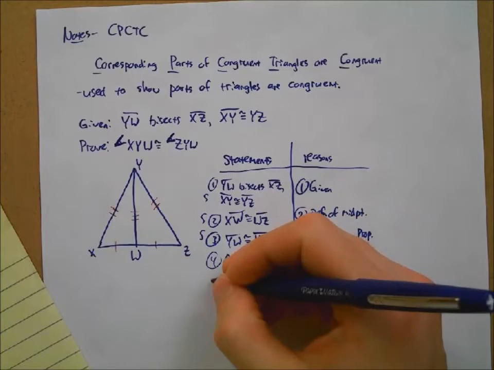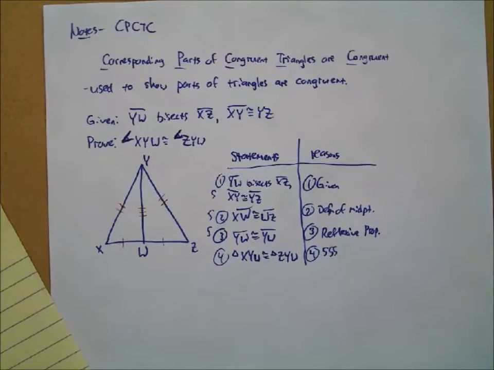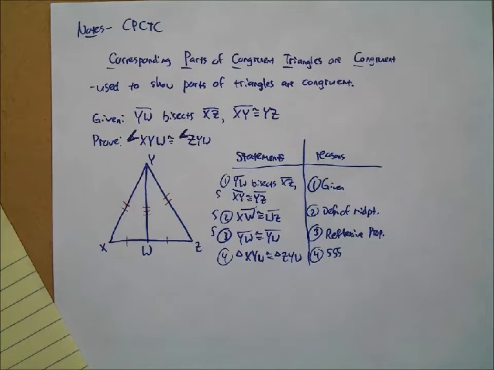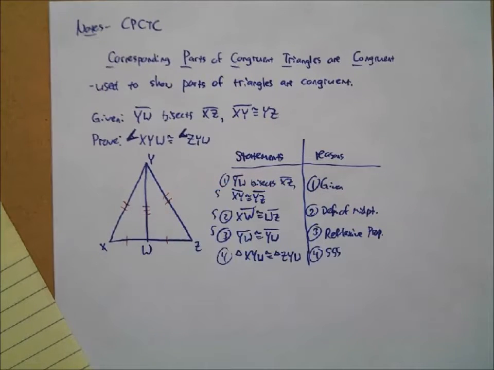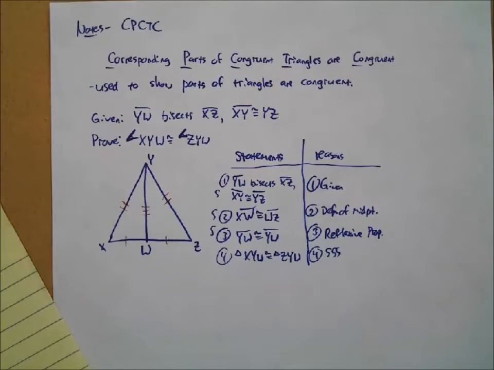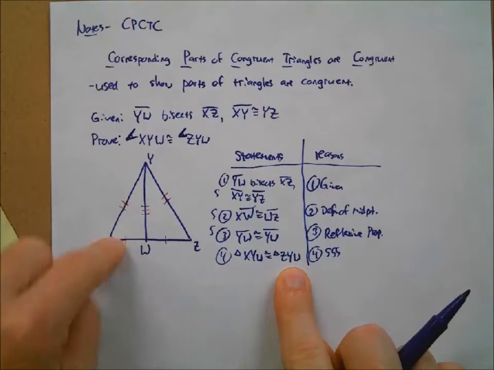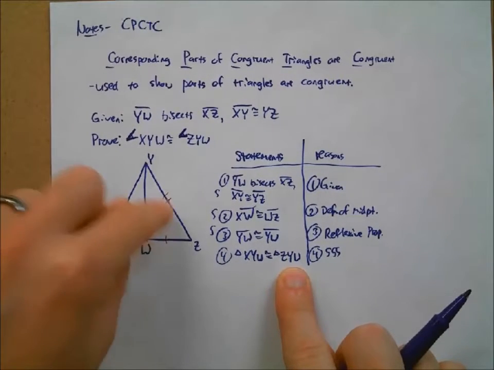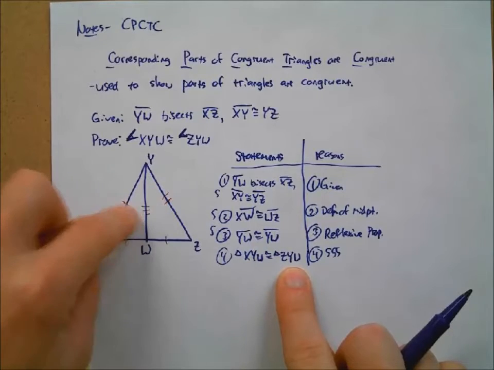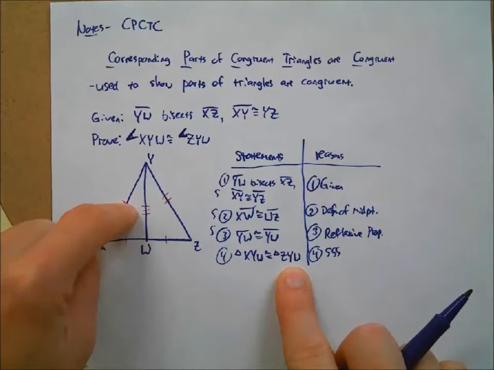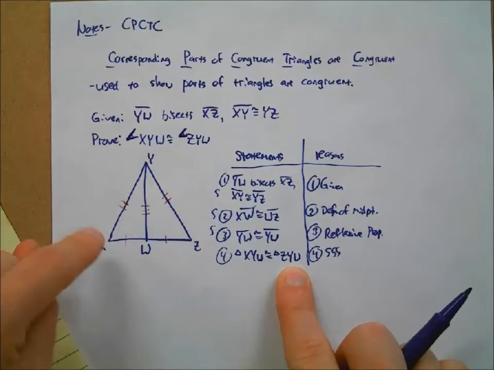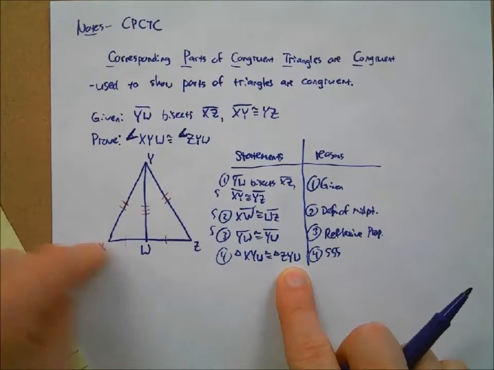Okay? And then last step, right? So we prove the triangles are congruent. So since we proved the triangles are congruent using their sides, we now know that all the other corresponding parts are congruent, right? These 2 triangles are congruent means that all the sides of this triangle are congruent to the sides of this triangle, but all the angles for this triangle are congruent to their corresponding angles over here. So angle X is congruent to angle Z, angle XWY is congruent to angle ZWY.